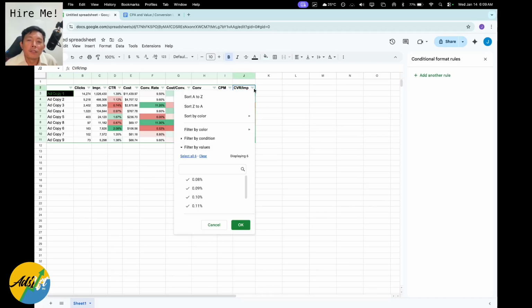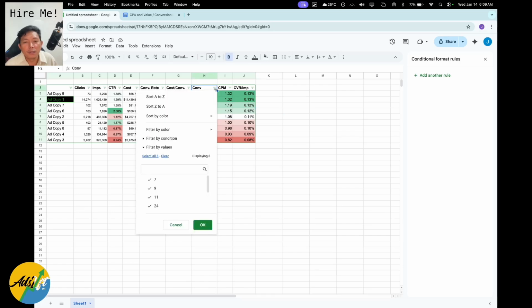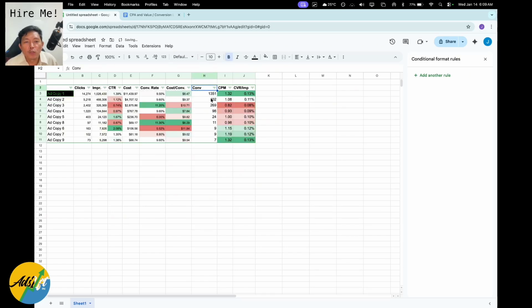So based on the conversion per impression, we saw that ad copy 9 and ad copy 1 are better, but to make it more efficient we need to wait on our decision and justify the conversions.